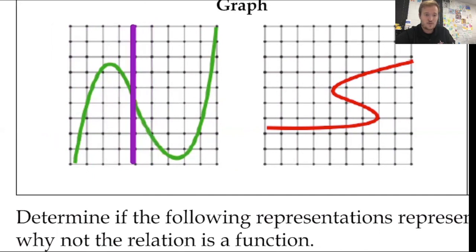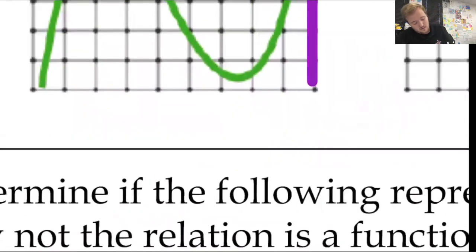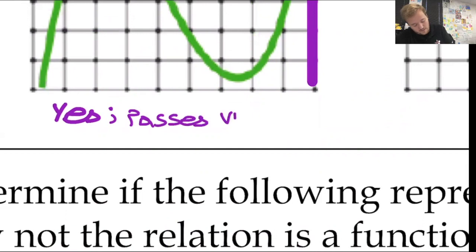If you notice, only one point along this relation will ever hit the vertical line. So yes, this is a function, and for the reason you could say passes the vertical line test.